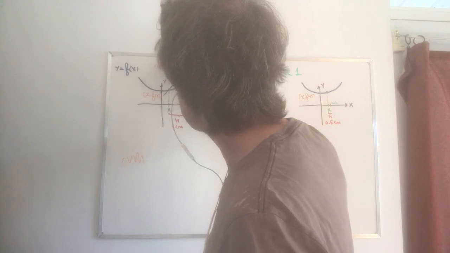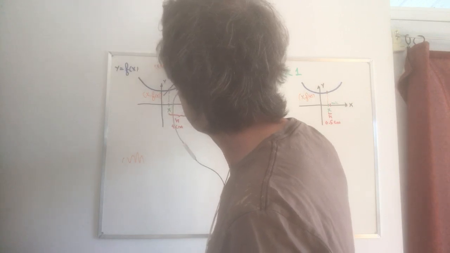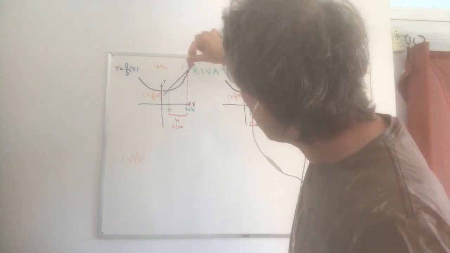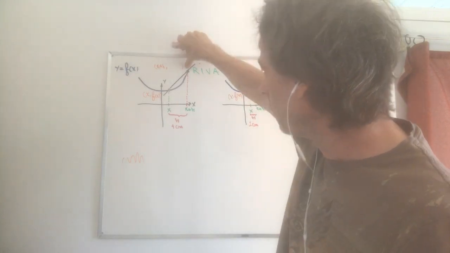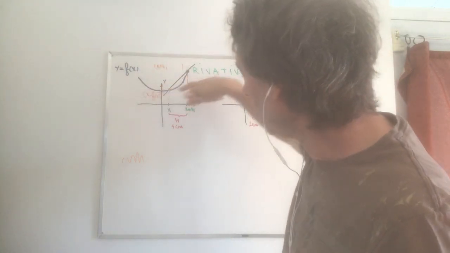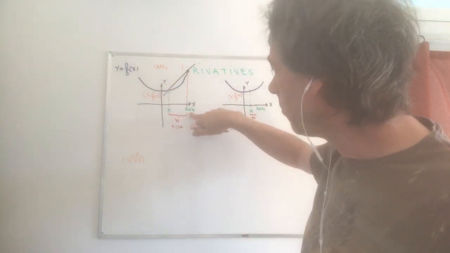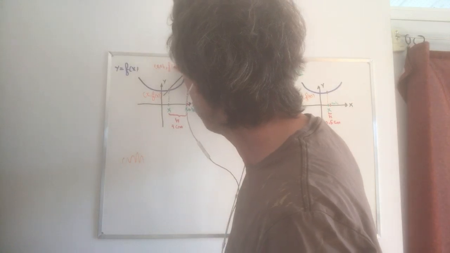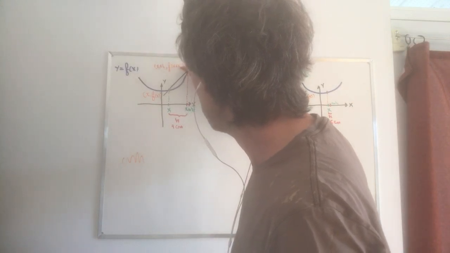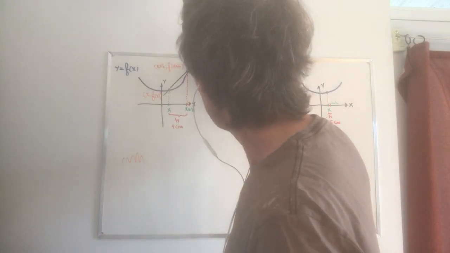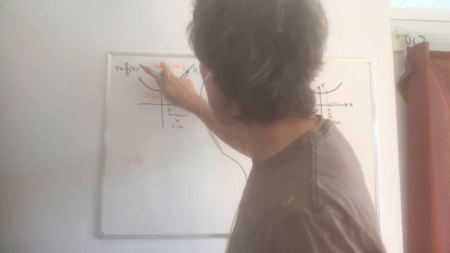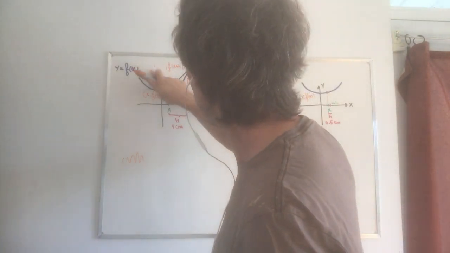Is x plus h. What is its y coordinate? Well, remember the curve, the blue curve is y equals f of x. So what happens if I put in x plus h? I'm going to get, of course, f of x plus h. Right? So maybe I make this a little bigger.